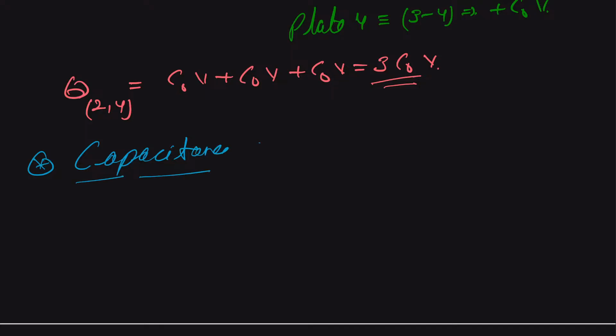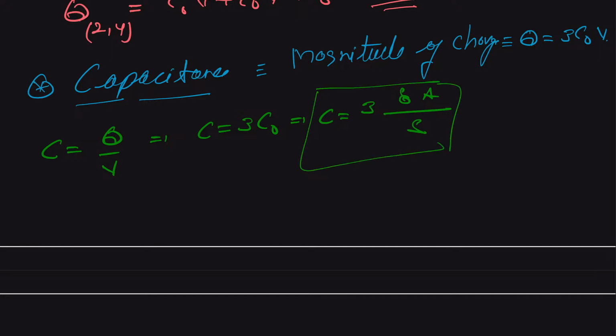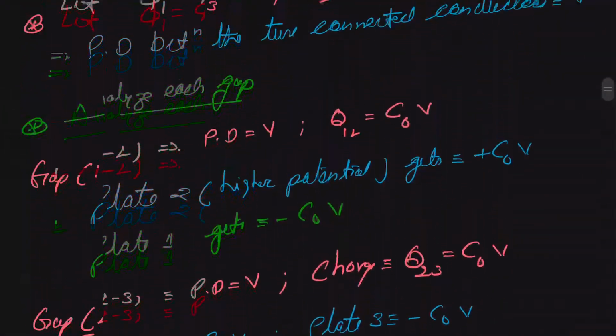We are only interested in the magnitude, so let us suppose the magnitude of charge stored is our Q, equal to 3 C naught V, and we already know that C is equal to Q upon V. Therefore, C is equal to thrice C naught, and we already know the value of C naught, so we get C equal to thrice epsilon naught A upon S. So this is the resultant value of our capacitance that we were supposed to find out.